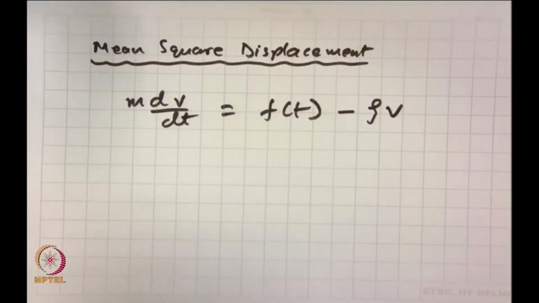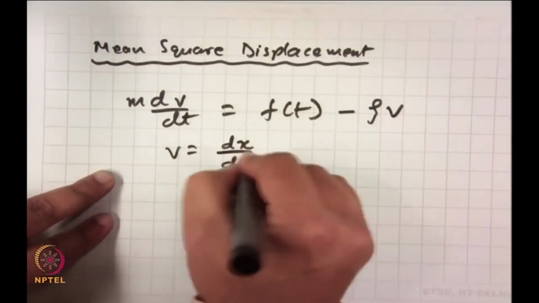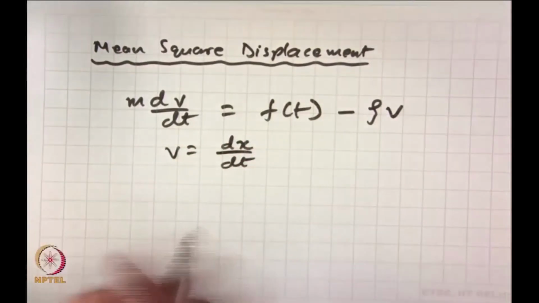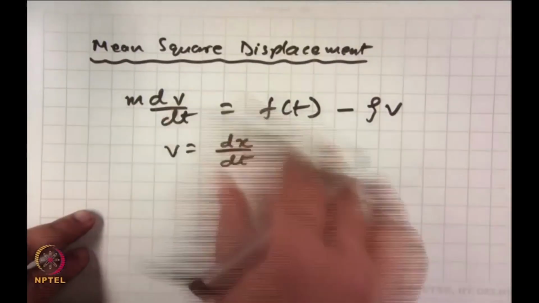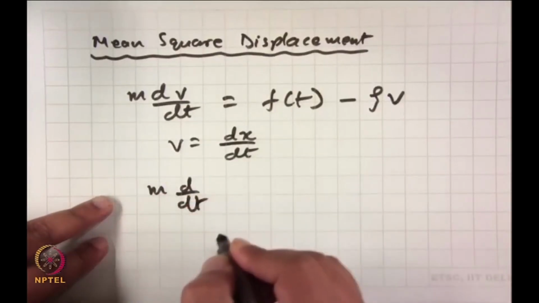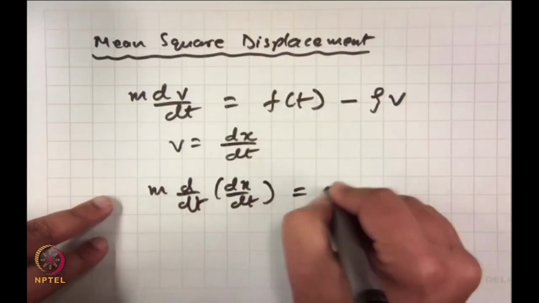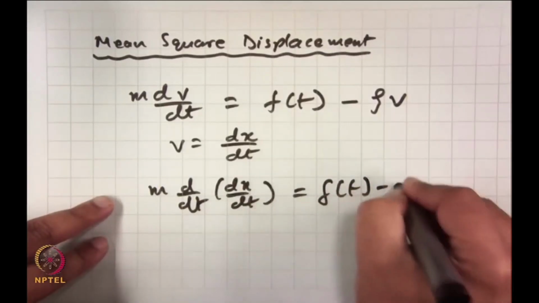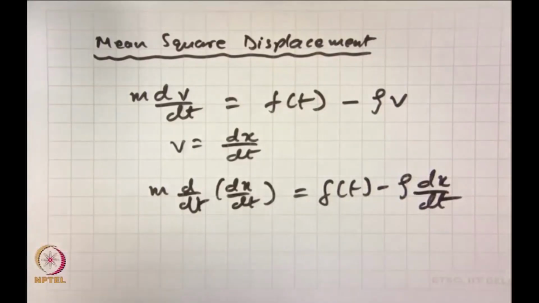Now, what is v in terms of the displacement of a particle? Velocity is equal to dx by dt. So, using v is equal to dx by dt in this equation I can write m d by dt of dx by dt is equal to f of t minus xi dx by dt.